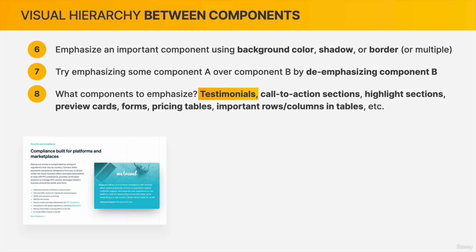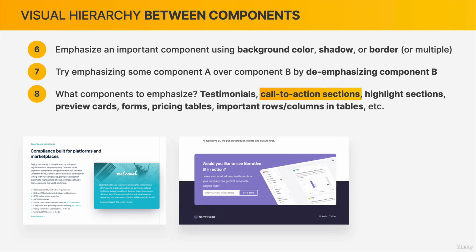So this is an example of a testimonial, so of someone talking about your own product, basically advertising it. Then we have call to action sections, which many times websites have on the end of a page so that the user signs up for their product or their service.